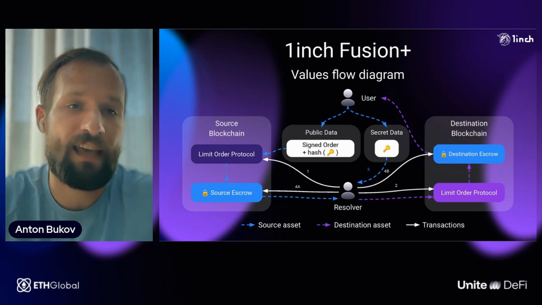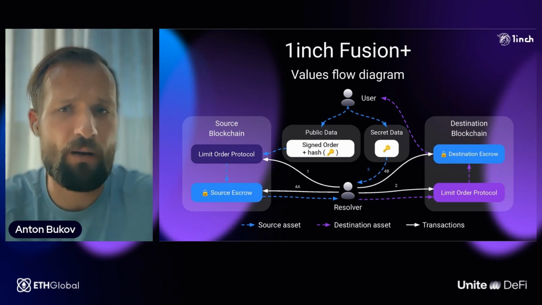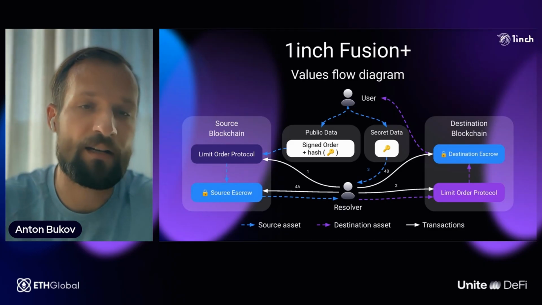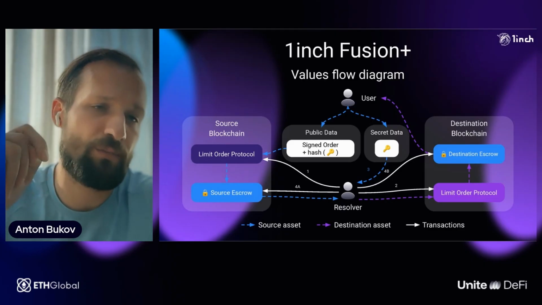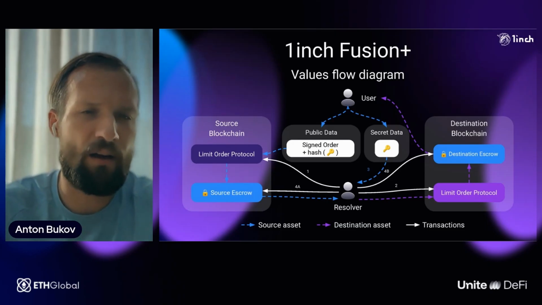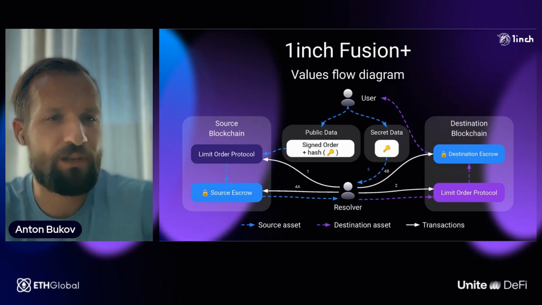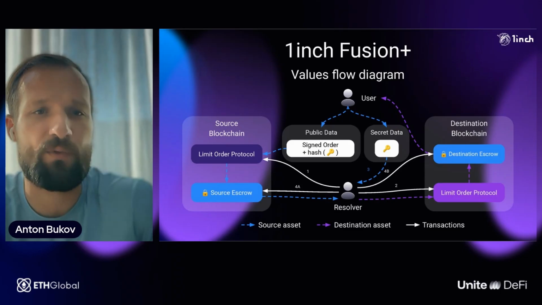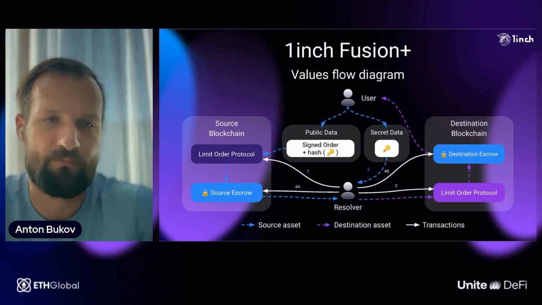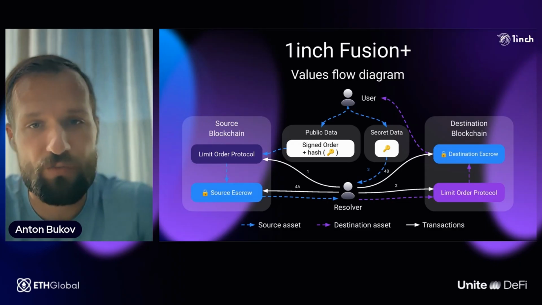So when the user is happy about the destination escrow parameters and finality, most of these things on EVM are checked by one hash computation, because those escrows basically create 2 proxies, which derive their addresses from a salt, which is the hash of all the possible parameters of this atomic swap exchange.